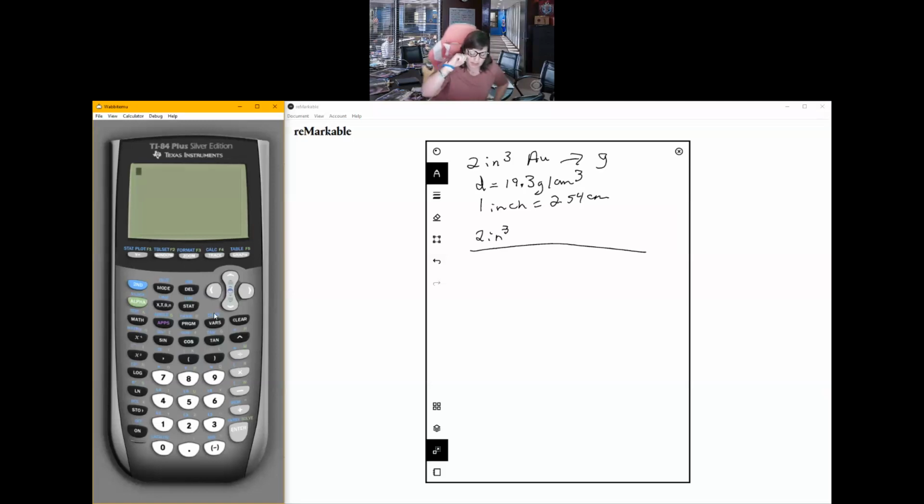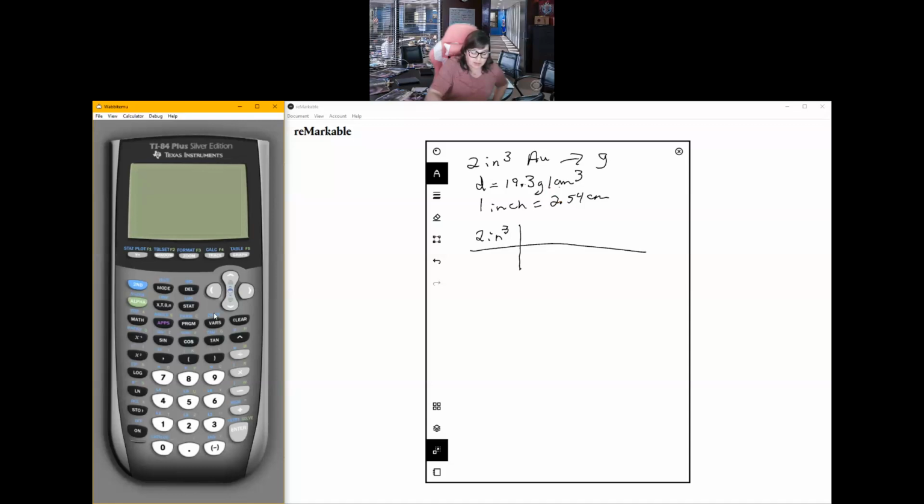If I can get it to centimeters cubed, then I can convert it using the density, because this density is in grams per centimeter cubed. So if I can take inches and get it to centimeters cubed, I can use this density. I know that 1 inch is 2.54 centimeters, so I should be able to do that calculation.